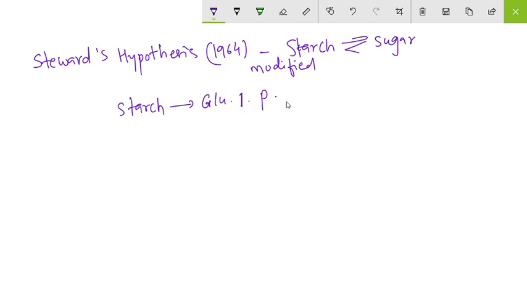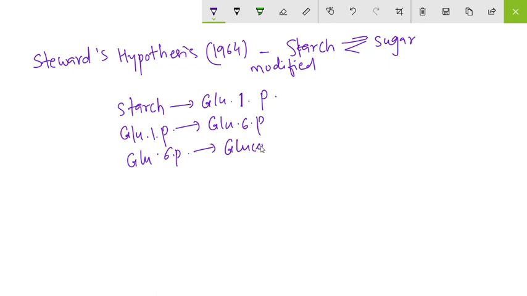This glucose 1 phosphate is osmotically inactive. When glucose 1 phosphate is converted into glucose 6 phosphate, the phosphate is then released, and glucose 6 phosphate is converted into glucose and inorganic phosphate.